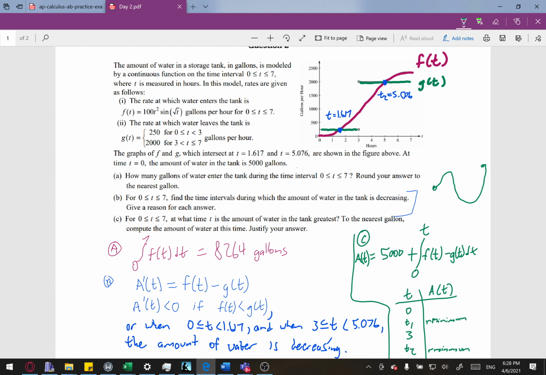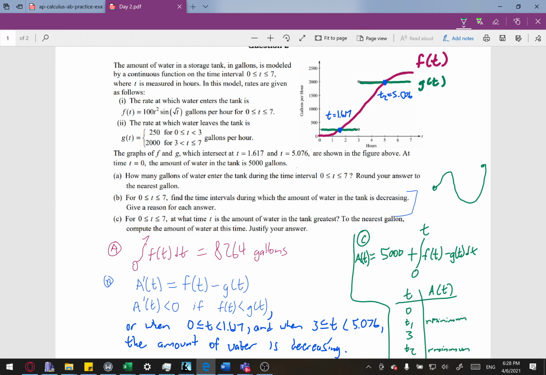After t equals 3, what should my new equation be, though? Okay, so this is going to become, instead of my amount at 0, my start point will become 3 for my integral, which means this one should be our amount at 3, which we'll get in a second.